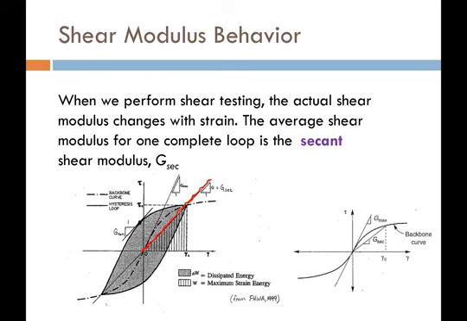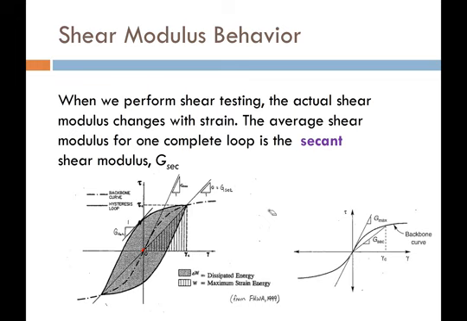So think of it as just like the average shear modulus for that particular cycle. So if this cycle came all the way over here on another iteration like that, then the secant modulus for that cycle would look something like that. And that angle, that G, would equal the secant modulus for that cycle.